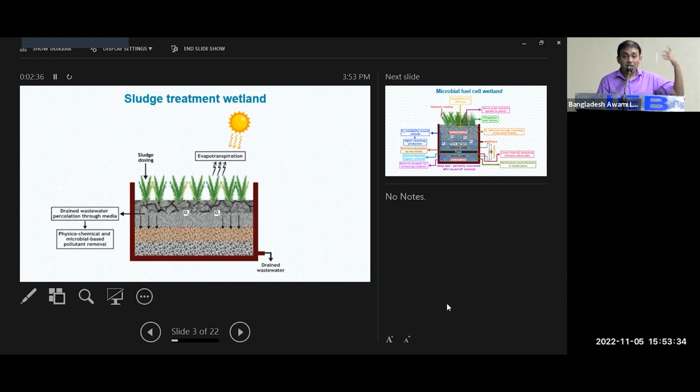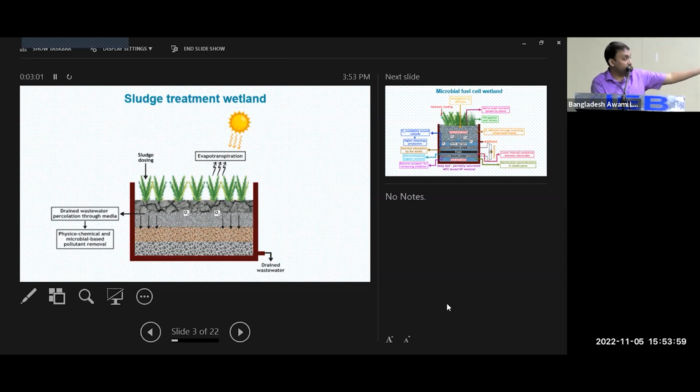In our Saidabad drinking water treatment plant, they intake water from Shitalokha river and treat it. They use different types of chemicals to allow the sedimentation of solids. Those chemicals and solids precipitate inside the system, and that is sludge. And that is very dangerous for the environment. So I will talk about how to treat this sludge.